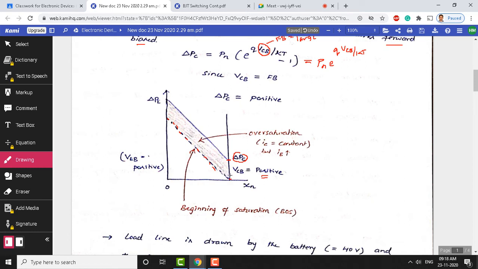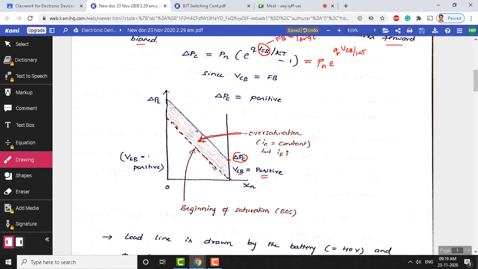So now you can see that there are again holes injecting from the collector base side, and this device now enters the mode called oversaturation. Saturation had already commenced by forward biasing the emitter base junction, and it gets oversaturated because we applied an additional positive voltage at collector and base, which creates a lot of holes in the collector base junction.